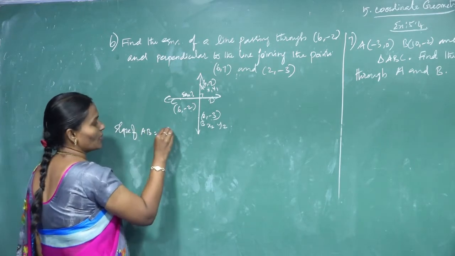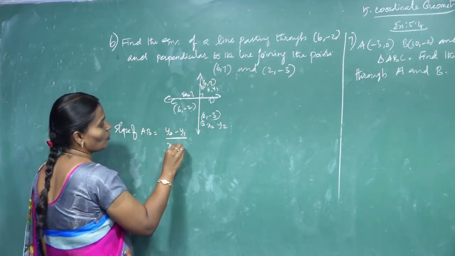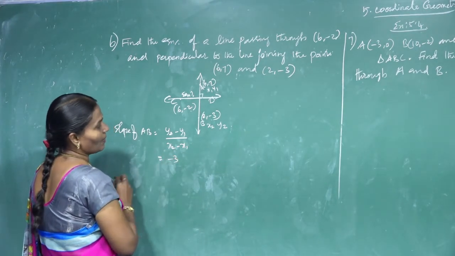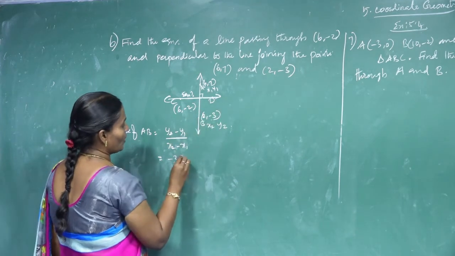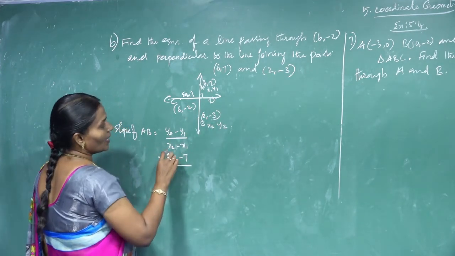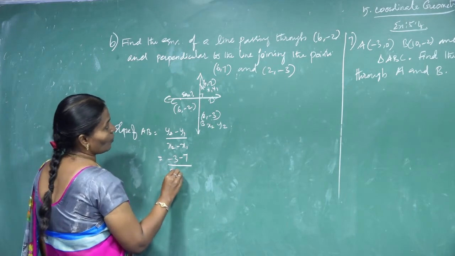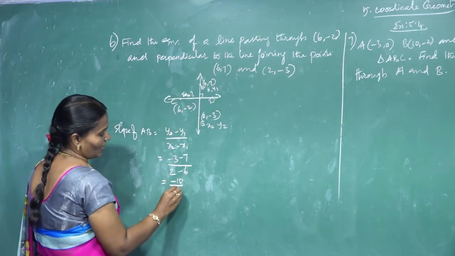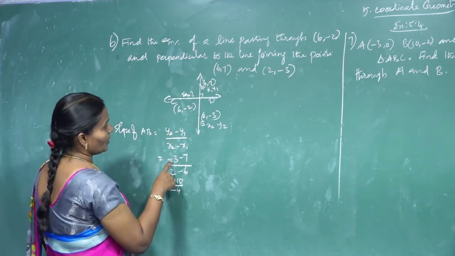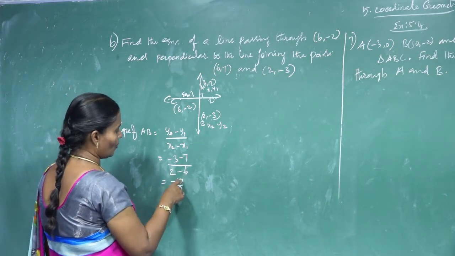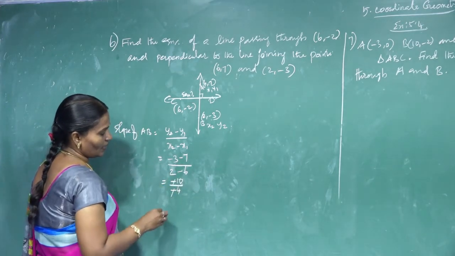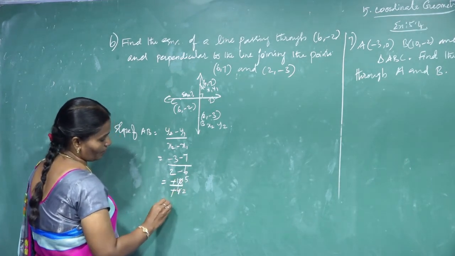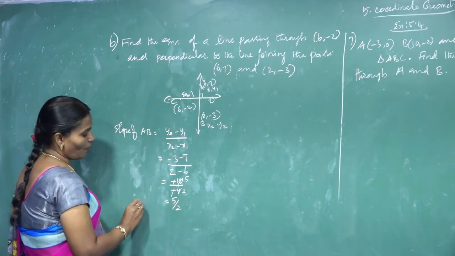The slope formula is (y2 - y1) / (x2 - x1). y2 is -3, y1 is 7, so -3 - 7. x2 is 2 and x1 is 6, so 2 - 6. Here it is -10 by -4. Cancelling, we get 5 by 2. So the slope of AB is 5 by 2.